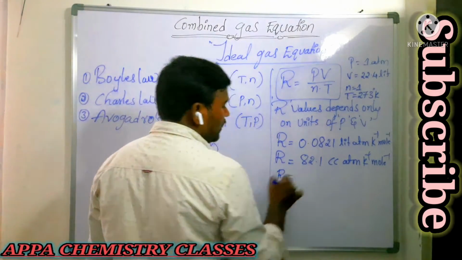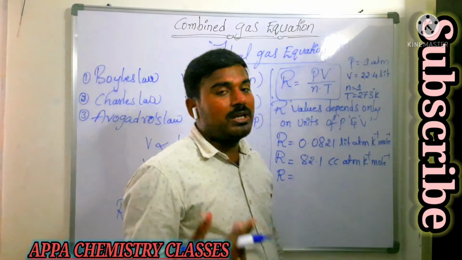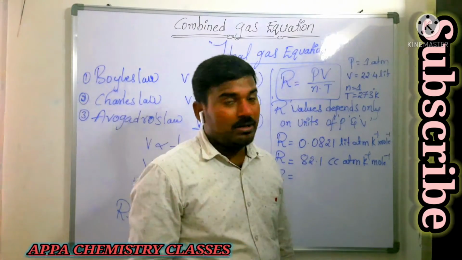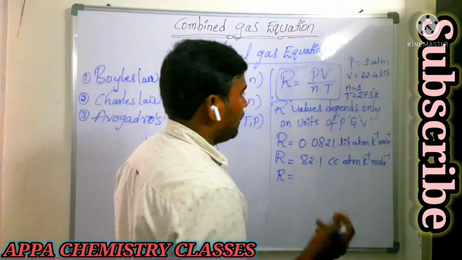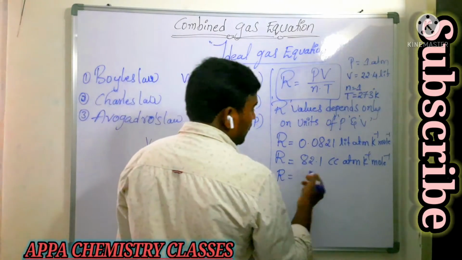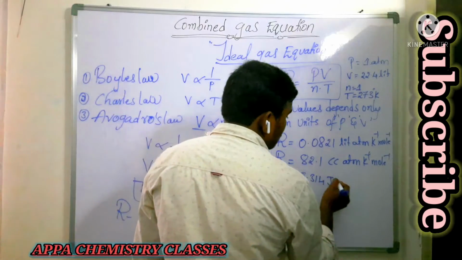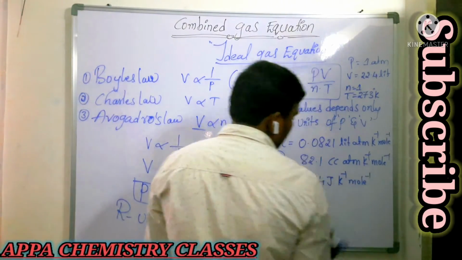If you take the R value in terms of MKS units, where pressure is taken in Newton per meter square and volume in meter cube, with the number of moles 1 and temperature 273 Kelvin, then you are going to get 8.314 joules per Kelvin per mole.